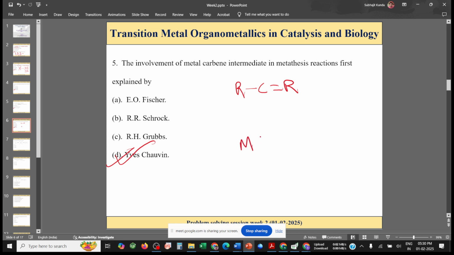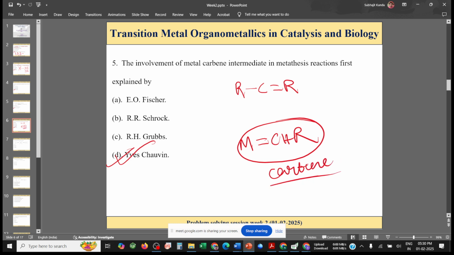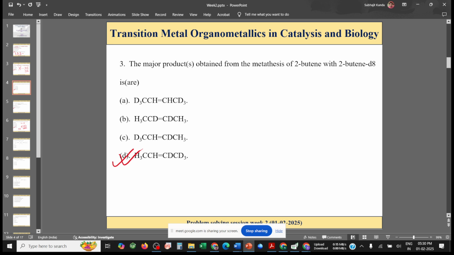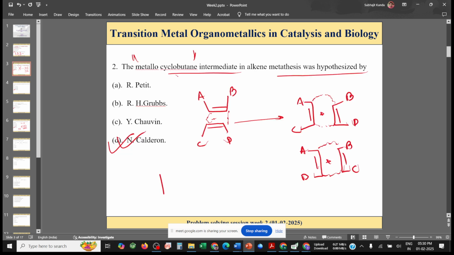If you have this carbene intermediate, okay, so metathesis reaction proceeding through a carbene intermediate was proved in 1971, and this paper was not the one published in 1968.